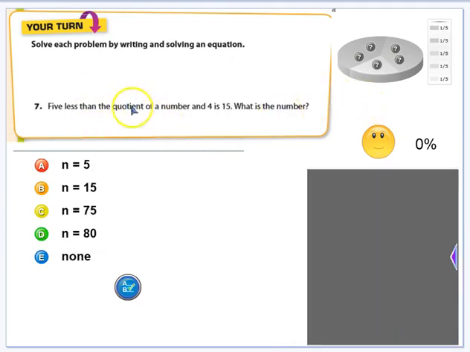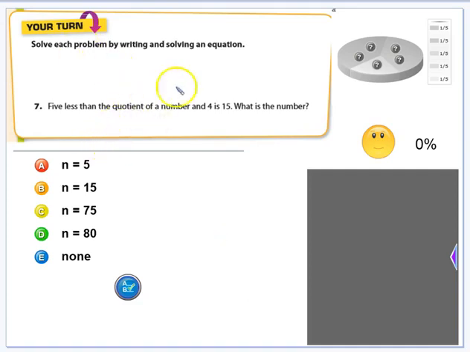You must pause and do this on your own. Okay? 3, 2, 1. Okay. 5 less than the quotient of a number and 4 is 15. What is the number? So class, 5 less means I have my number or my variable, and then I'm going to subtract 5 from it.